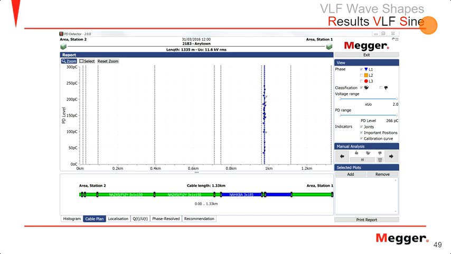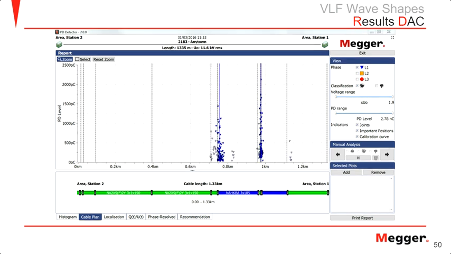Now, compared to this, let's see what I see in my cosine rectangular, or damped AC. So here we did damped AC, and we see a lot of partial discharge, which is at a much higher level than your VLF sine, because again, damped AC provides much more excitation to the partial discharge compared to your sine wave.